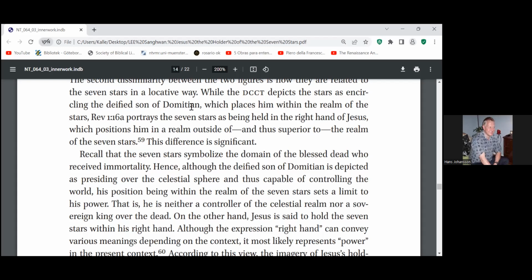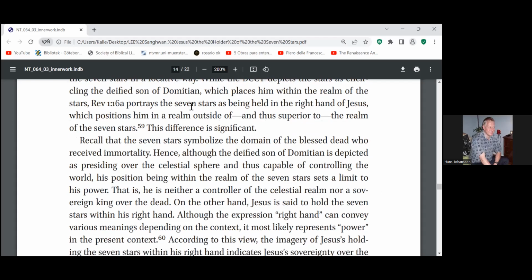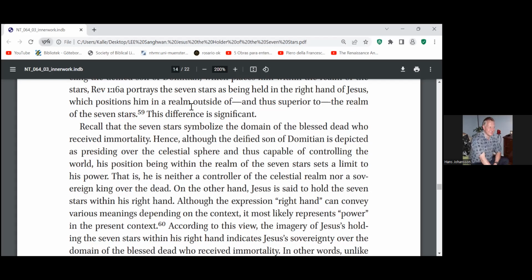While the DCCT depicts the stars as encircling the deified son of Domitian, which places him within the realm of the stars, Revelation 1:16a portrays the seven stars as being held in the right hand of Jesus. Which positions him in a realm outside of, and thus superior to, the realm of the seven stars.